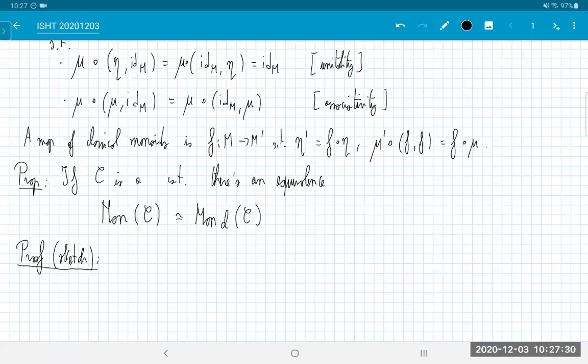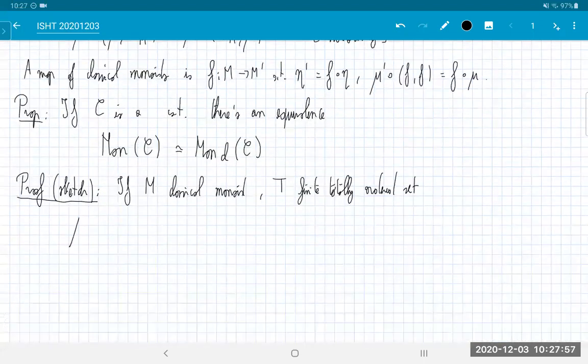I will just give you functors going in both directions, and I'll leave to you to verify that the compositions are the identity. So let me first give the hardest functor. If M is a classical monoid and T is a finite totally ordered set, we can define mu T from M to the T into M as follows.